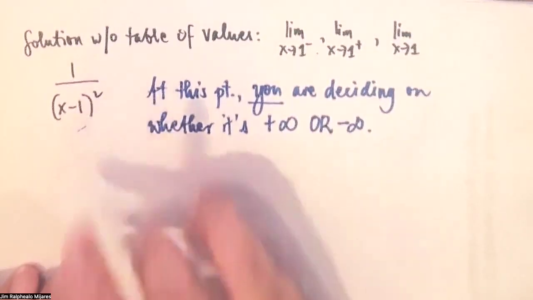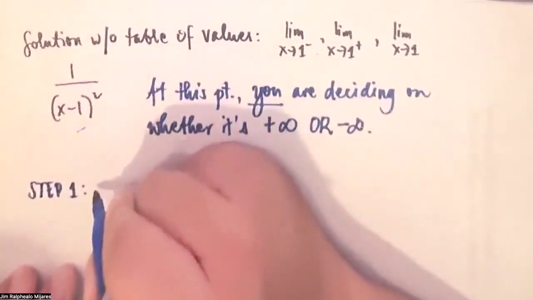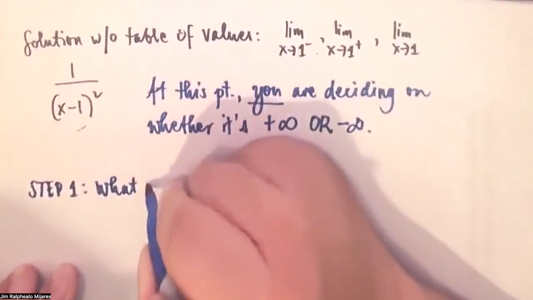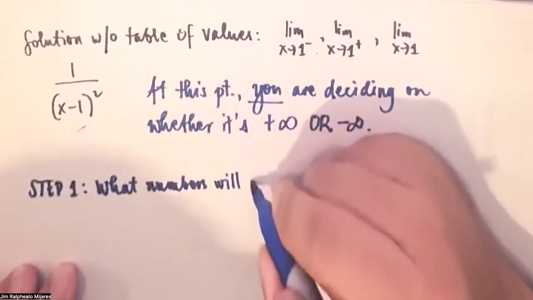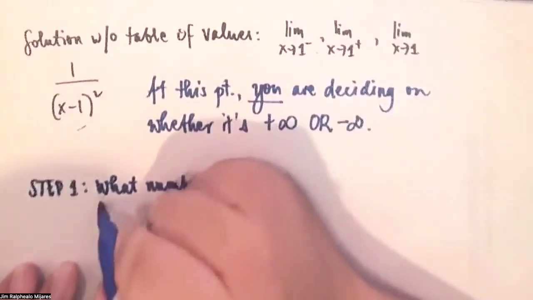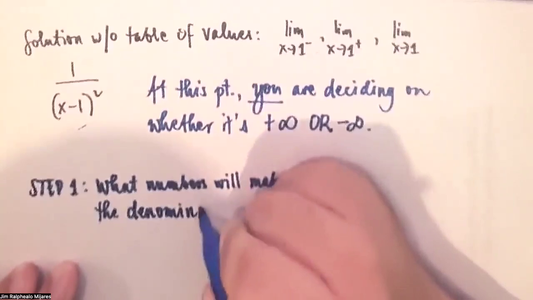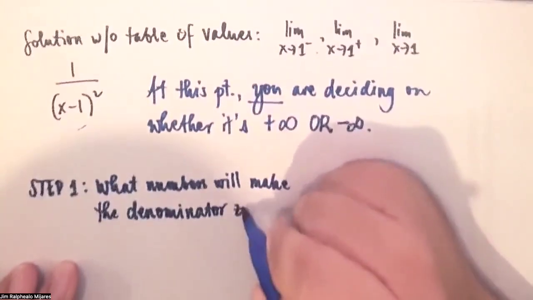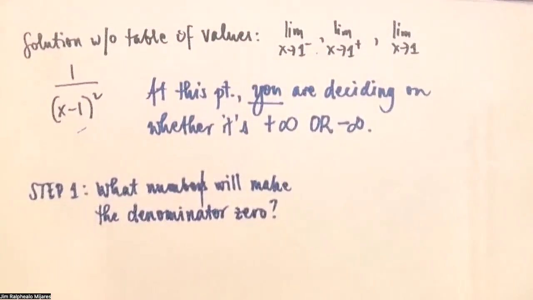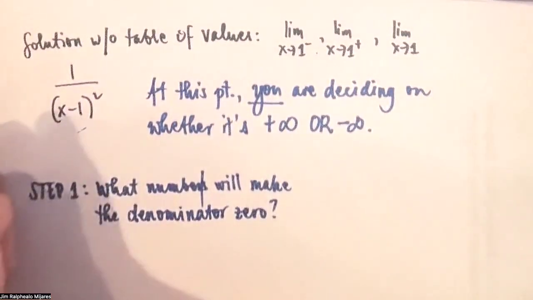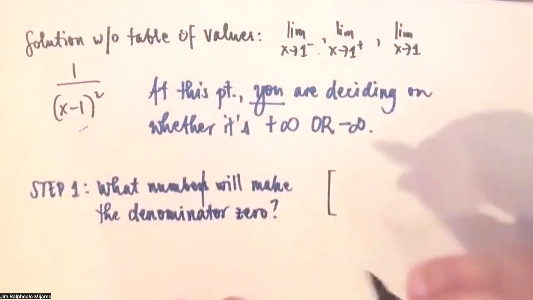So I guess step 1, what numbers will make the denominator 0? In this case, it's x equals 1. Right?